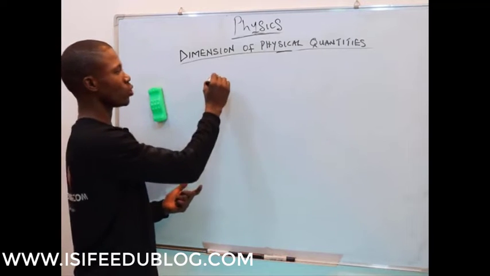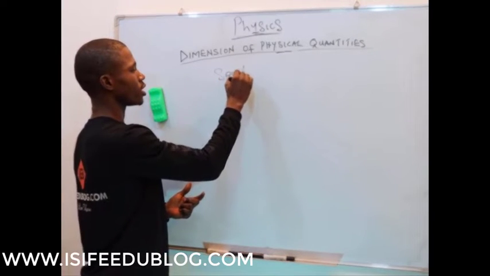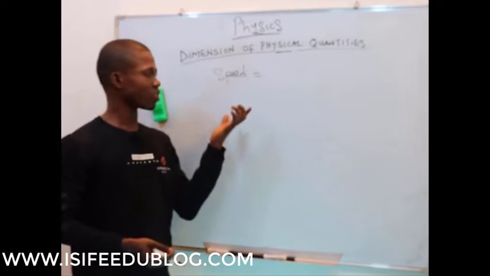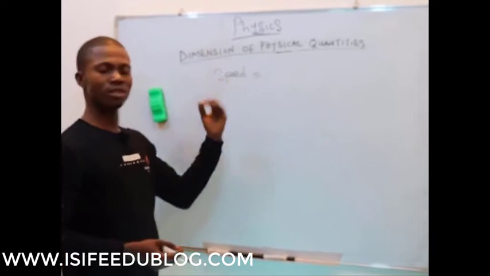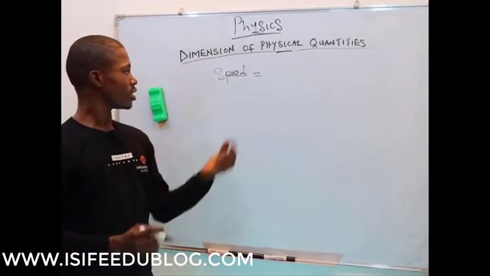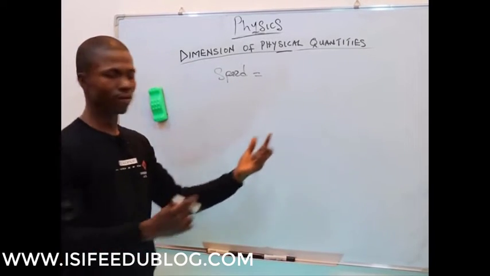Let's start with speed first. Speed is a derived unit. The dimension for speed is distance over time.